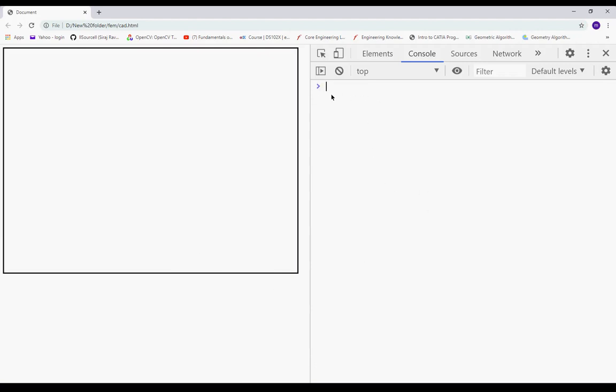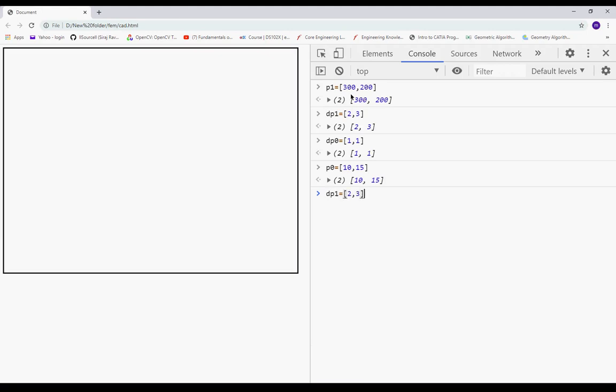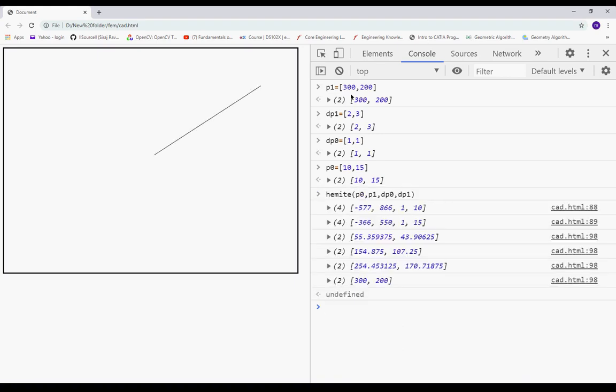I just reload and do it again. So P1 is this, DP1 is this, DP0 is this, P0 is this. Now use Hermite. It is still coming as a straight line.